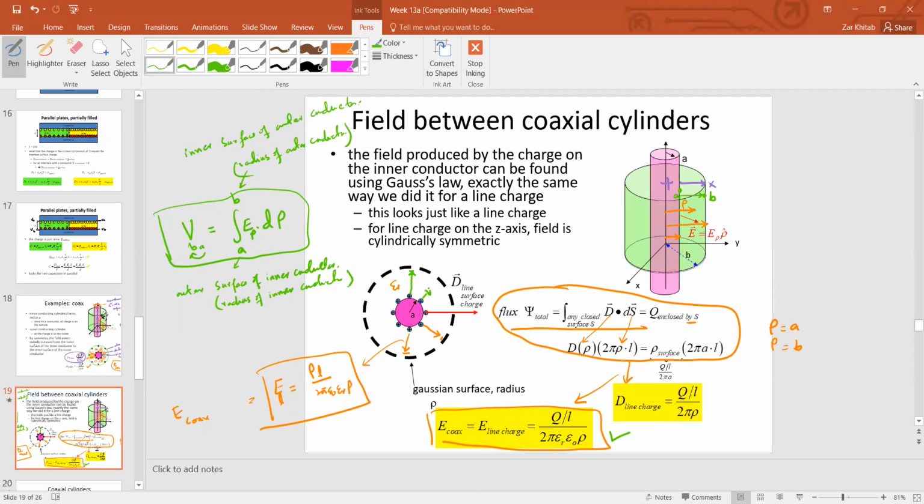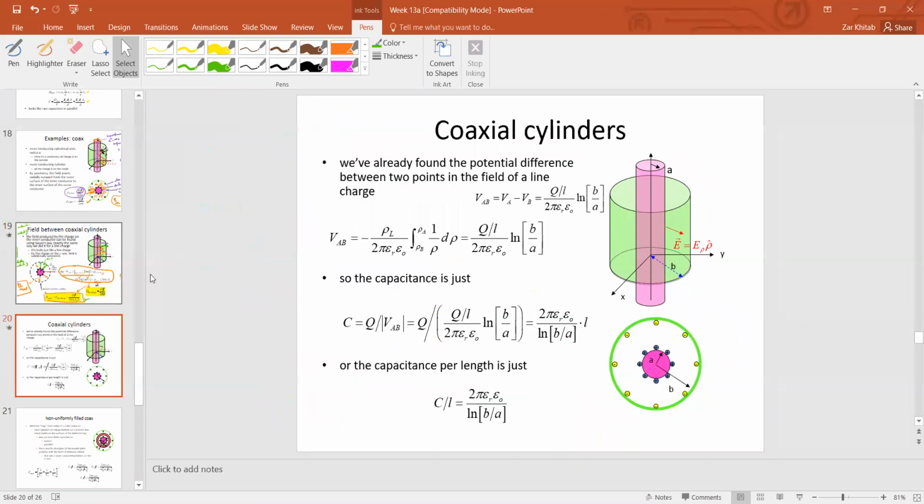If I calculate the voltage between the inner wire of the coaxial cable and the outer wire of the coaxial cable, I can then calculate the capacitance also. Okay, and it will be so easy.